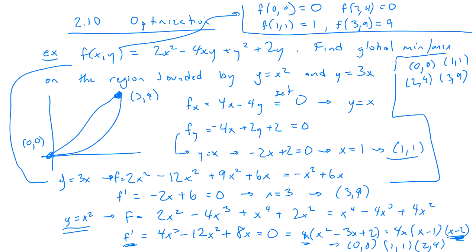Okay, so the global maximum is just the biggest possible one. So the global maximum for this function with this restriction is 9. And the global minimum is the smallest possible, of which there are 2. So we can have more than one global minimum or maximum.